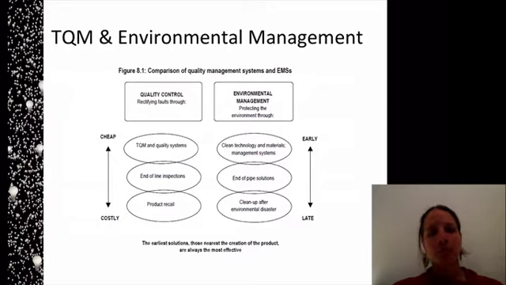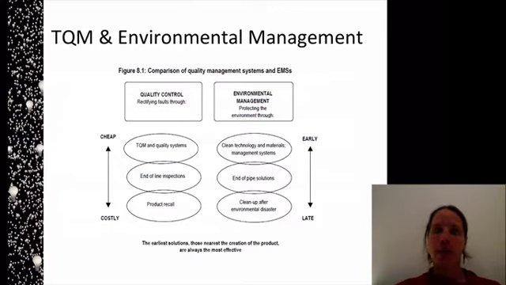Moving up to a more early approach, we see end-of-pipe solutions in environmental management. So this is similar to end-of-line inspections that we might see in TQM. The most proactive approach, the one that's going to have the most benefit, the most cost reductions and the most value added for the organisation, is adopting a proactive approach.